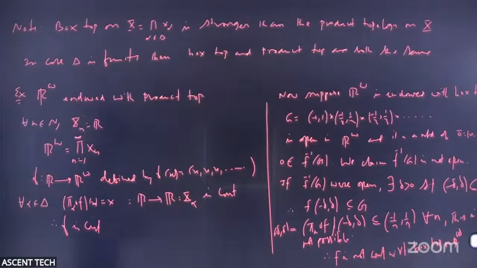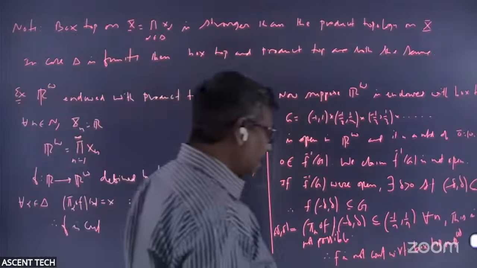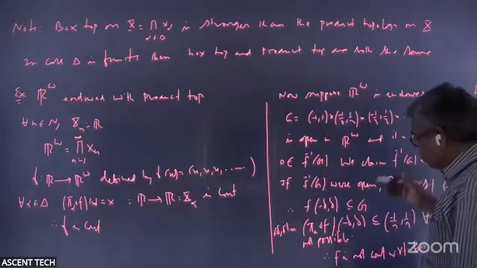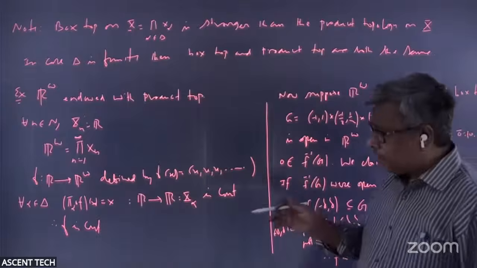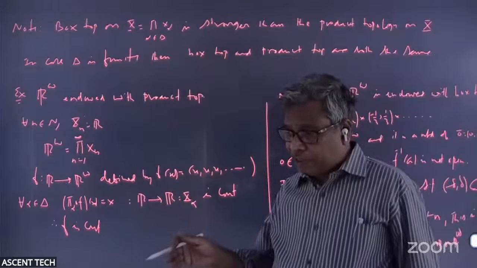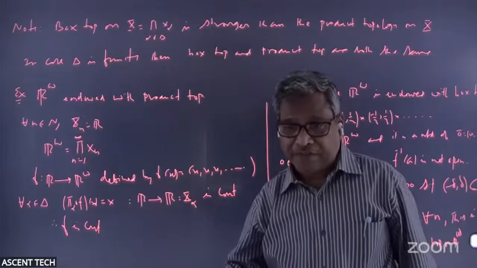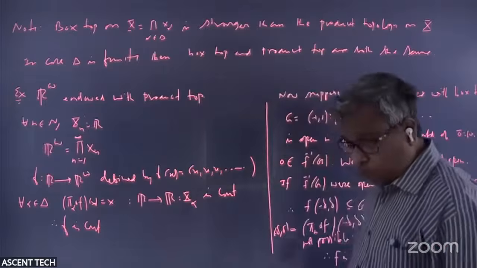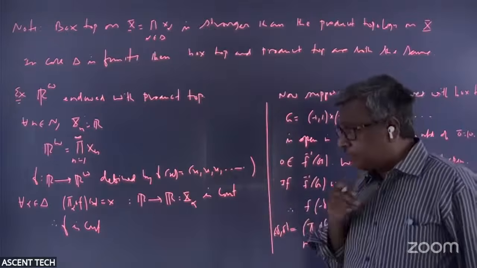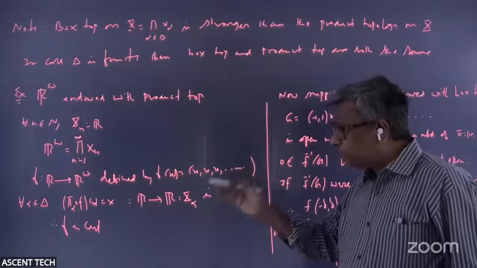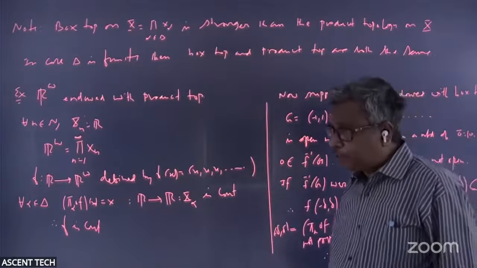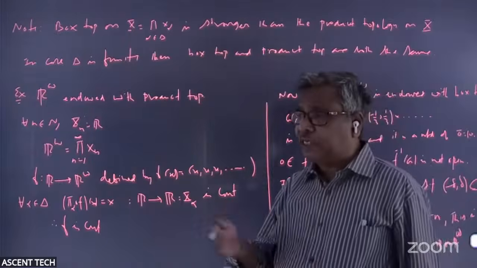Maybe as a sample, I would like to say something more to recognize that the box topology will not be as nice as you really wish it to be. Though it is a wonderful topology, it gives you a lot of examples. For example, you're talking about convergence in a topological space.